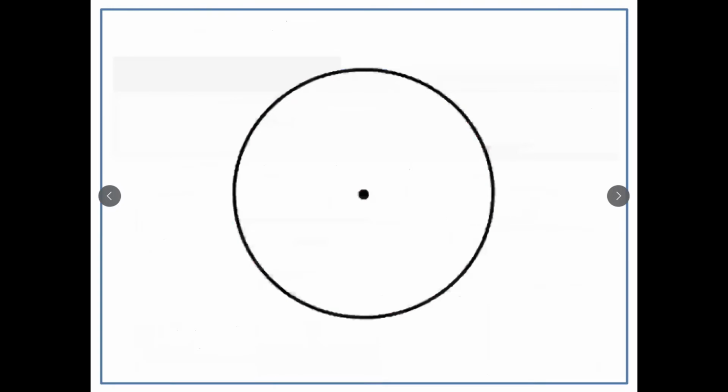First you will draw a circle like this, and that circle will have a center point. Then we simply draw a line, because that will be a starting line.